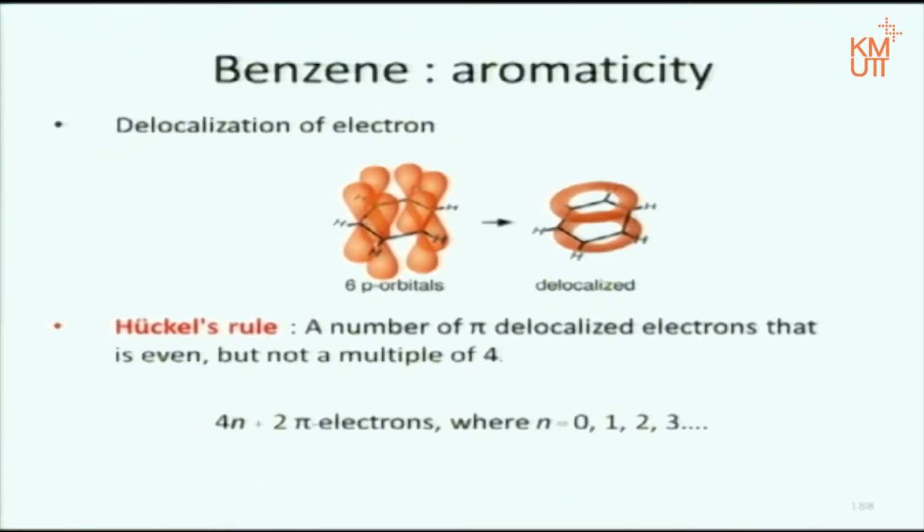Hückel's rule means you can define the structure of an aromatic by using this rule. A compound would be aromatic if the number of electrons delocalized in the ring is equal to 4n plus 2, and n must be an integer. So n could be 0, 1, 2, 3, 4, 5, whatever. So the last one is the Hückel rule.